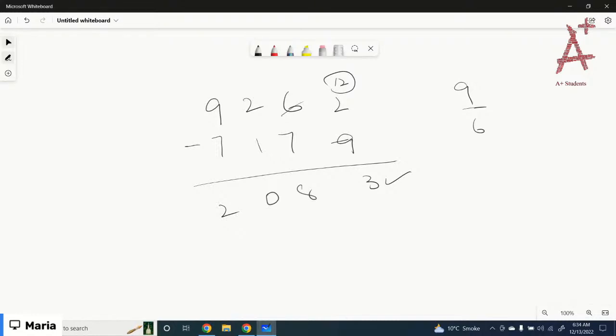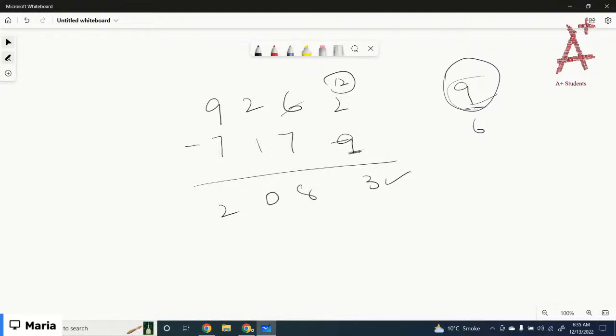The one I have written on the board? In this case, the missing number is 9. Yes, the unit number is 9.